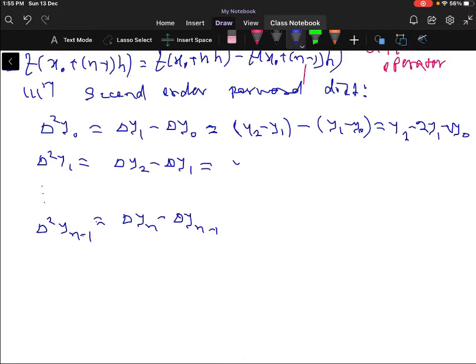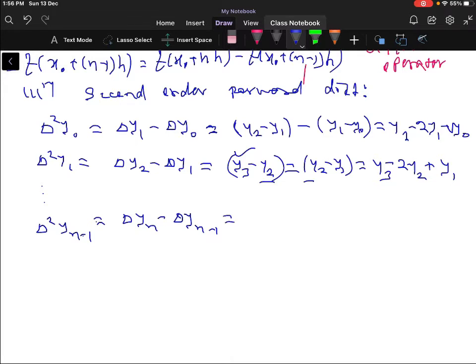Delta y2 is nothing but the difference between y3 and y2, minus delta y1, which is nothing but y2 minus y1. So this can be written as y3 minus 2 y2 plus y1, and so on.